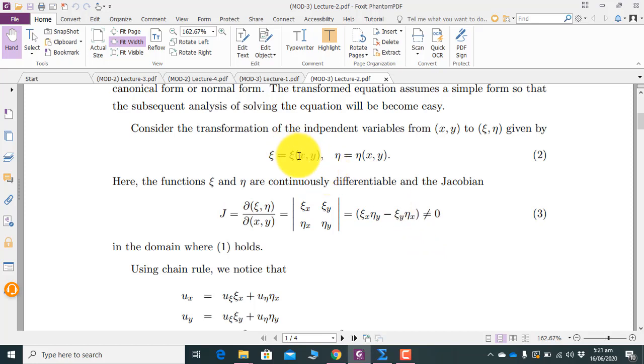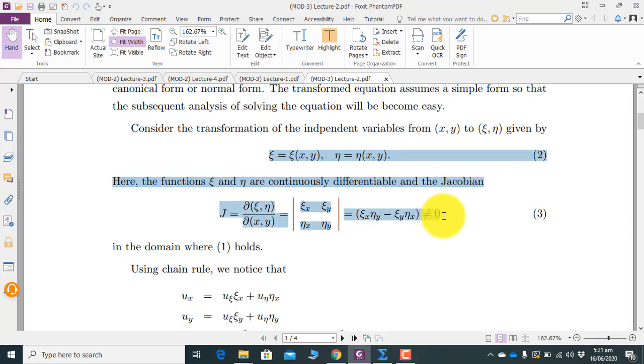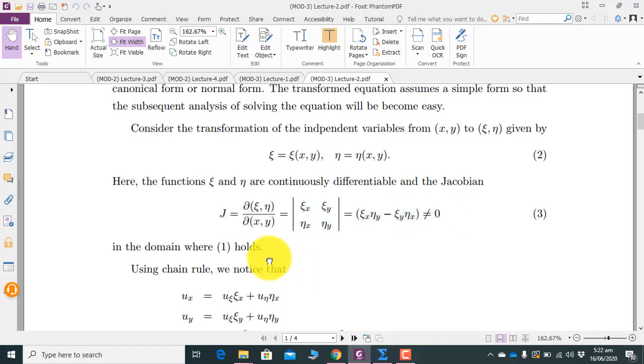Your domain is x comma y, because xi and eta are dependent upon x comma y. So no matter which domain you are taking, in that particular domain Jacobian must never be 0, because if it is 0, the transformation will not be revertible, and it will not be feasible for us to do the calculations. We are taking the transformations which are revertible, and we are bound to have Jacobian which should be non-zero.